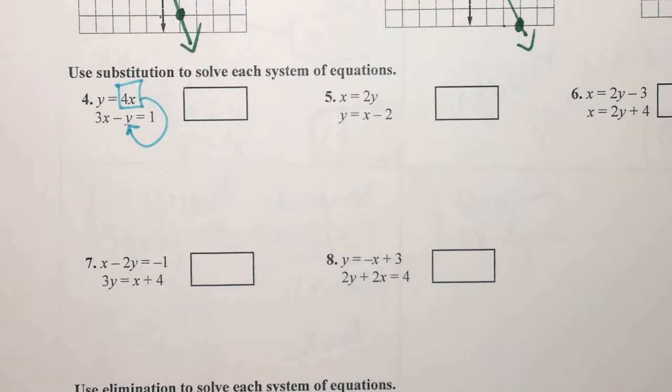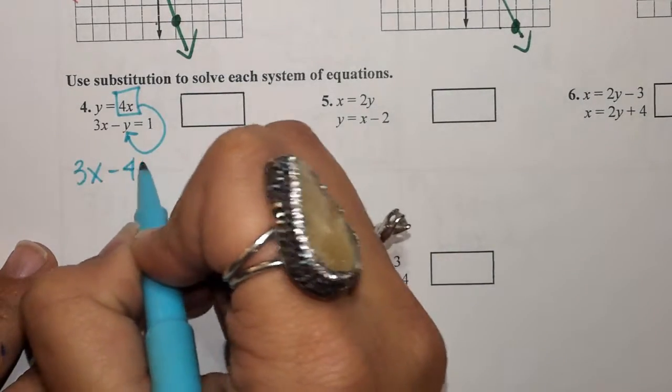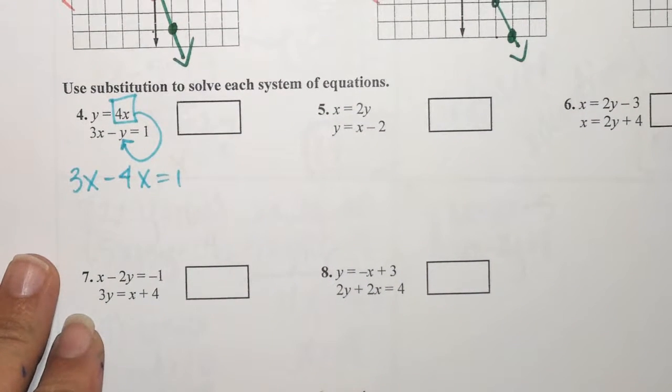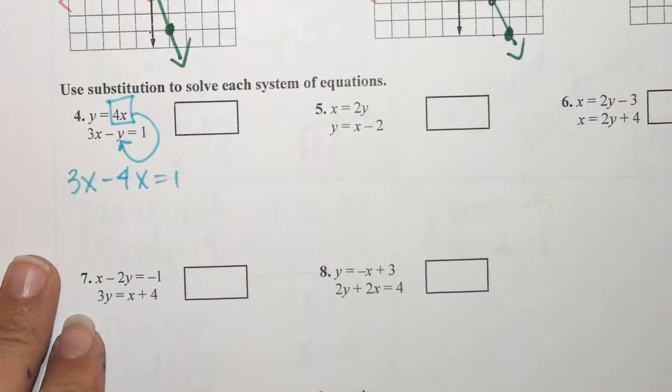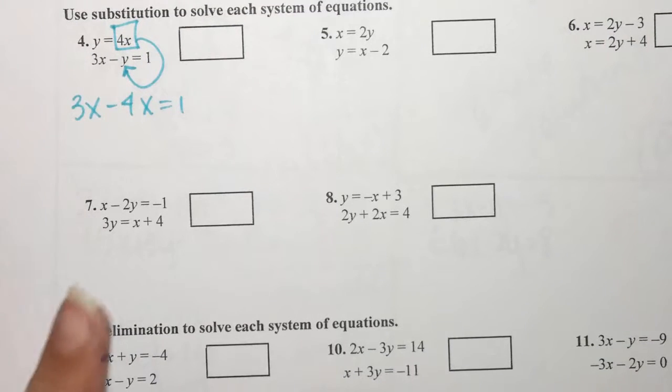Are we sure? So now we have 3x minus 4x equals 1. Where did I get that 4x from? Plugged it in from the top, because this is y equals.